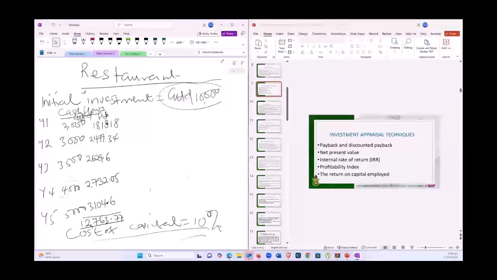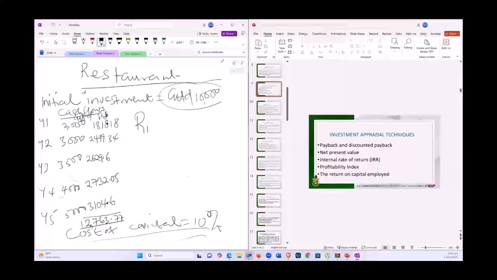Then you write the following. You label the original cost of capital as R1.